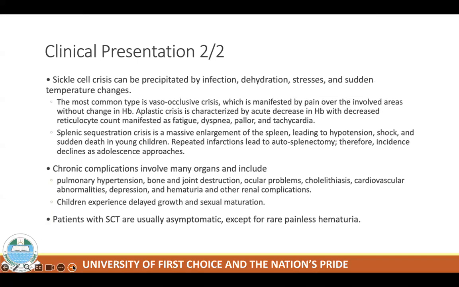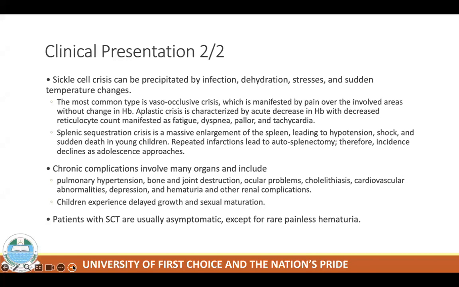Okay. Sickle cell crisis can be precipitated by infection. What most people know about sickle cell patients, right, is called sickle cell crisis. It can be precipitated by infection, dehydration, stress, and sudden temperature changes.